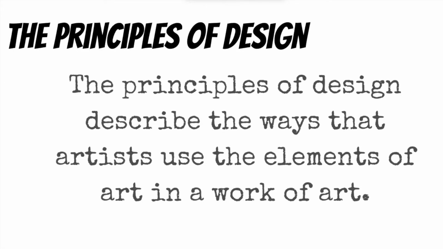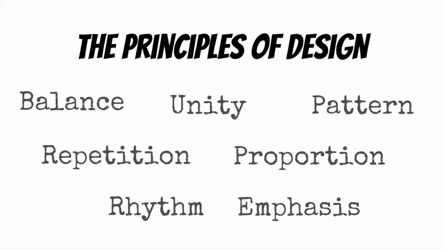The principles of design describe the ways that artists use the elements of art in a work of art. So, my friends, let's take a look at what the principles of design are: balance, unity, pattern, repetition, proportion, rhythm, and emphasis.